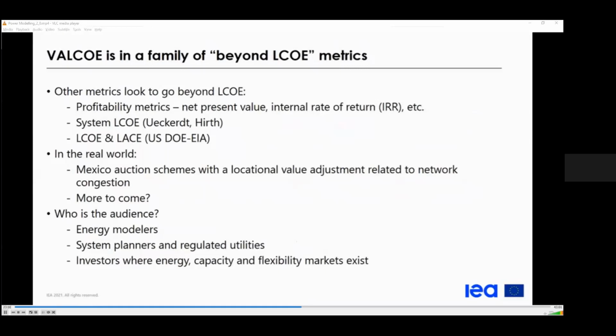In the real world, we have some application of very similar concepts in some auctions in Mexico, for instance. So to conclude on this concept, it's really part of a bigger family of beyond LCOE metrics that aims at providing useful information for energy modelers, system planners, and investors.